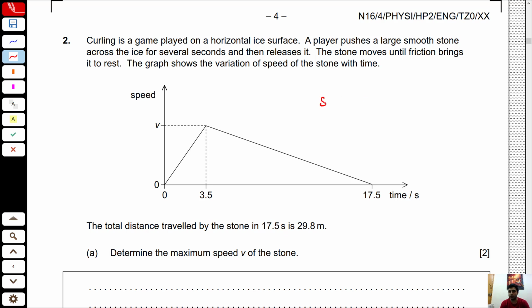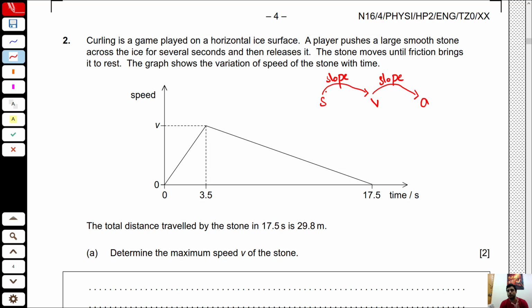Now before doing this question, you need to remember that if you have graphs of displacement versus time, velocity versus time, and acceleration versus time, in order to go from displacement time to velocity time graph, and from velocity time graph to acceleration, you need to find the slope of the graph. So the gradient, slope or derivative gives you these quantities.